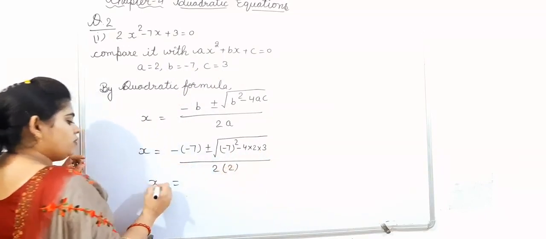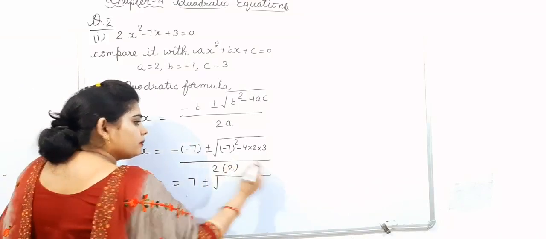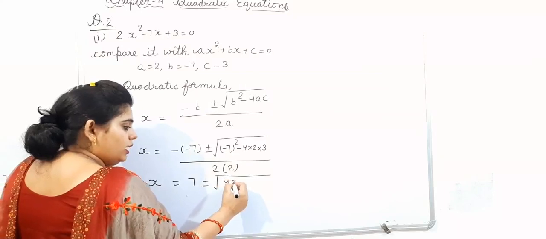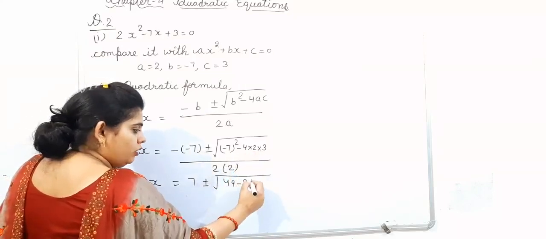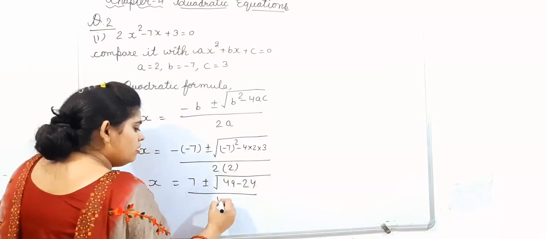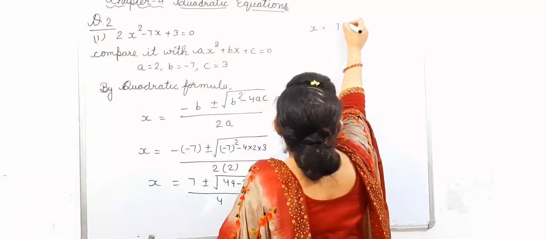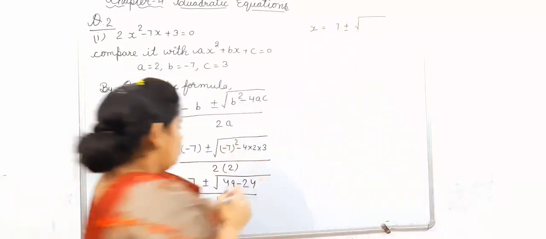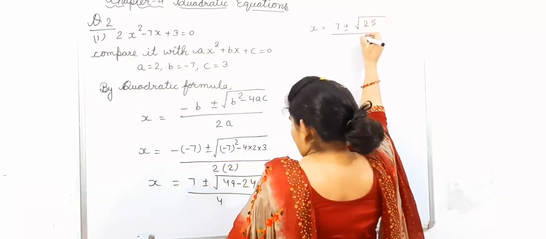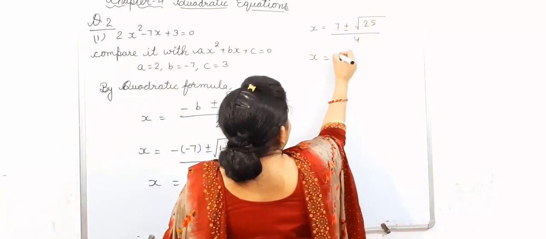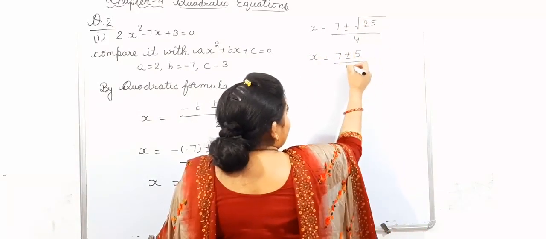From here x is equal to 7 plus minus square root of 7 square 49 minus 4 2s are 8, 8 3s are 24, divided by 2 2s are 4. Now x is equal to 7 plus minus square root of 49 minus 24, 25, divided by 4. X is equal to 7 plus minus square root of 25 is 5, divided by 4.